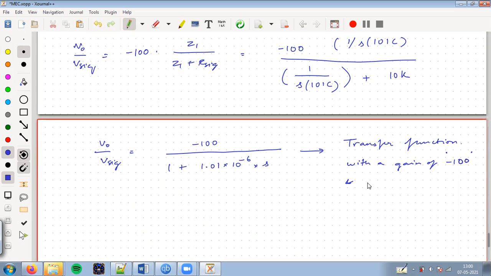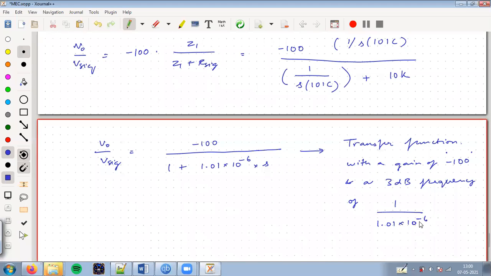and a 3 dB frequency here. And the 3 dB frequency here is 1 divided by 1.01 into 10 power minus 6 radians per second.